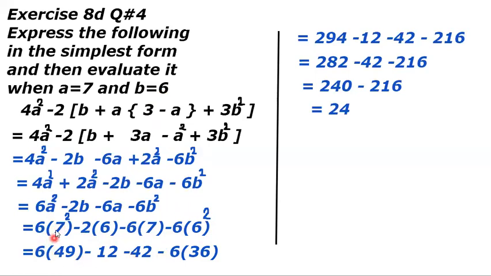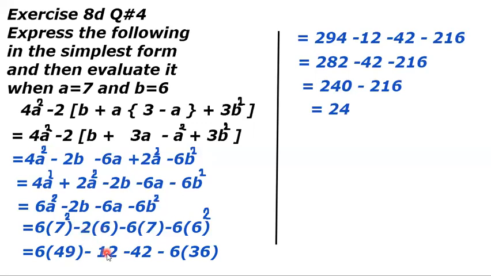Okay, in the next step 6. Now 7 square. 7 square means 7 times 7, and 7 times 7 is equal to 49. Mostly students make the mistake of writing 14 here. 7 square doesn't mean 7 times 2. 7 square means 7 times 7, and that is 49.